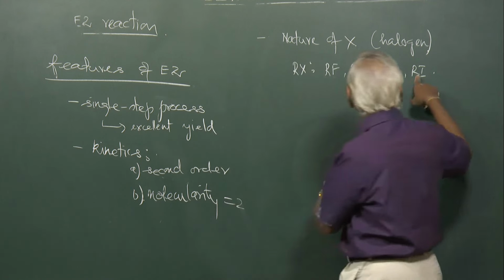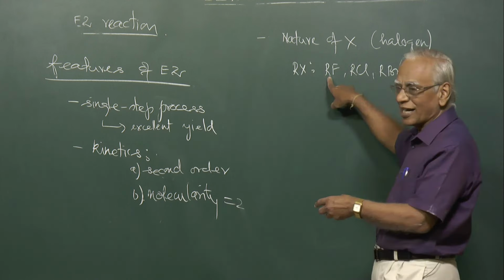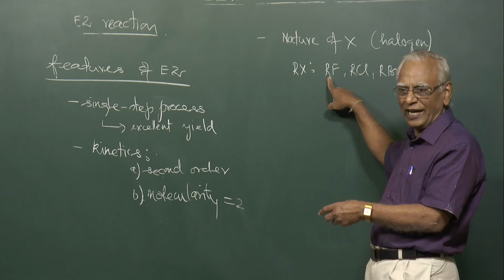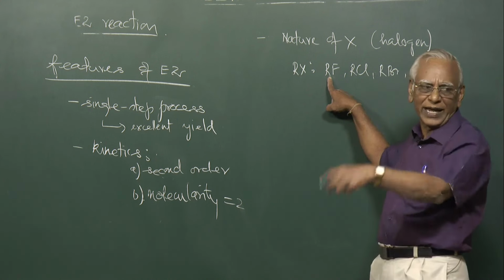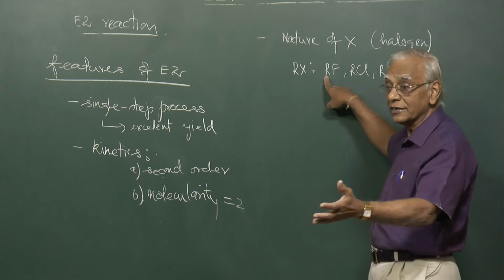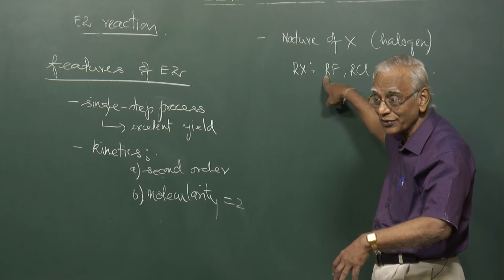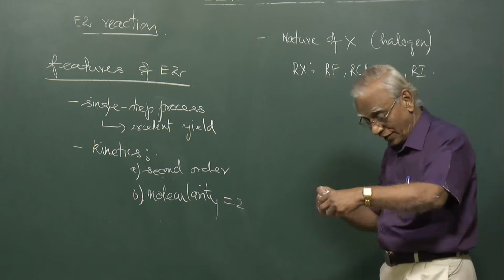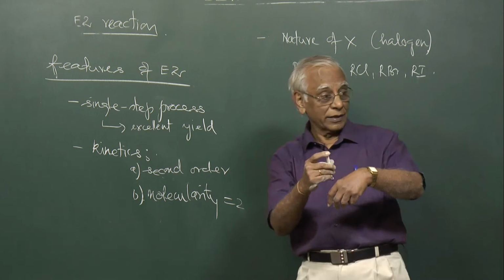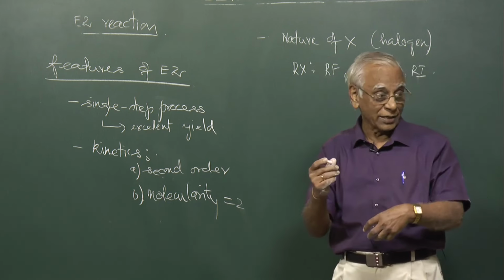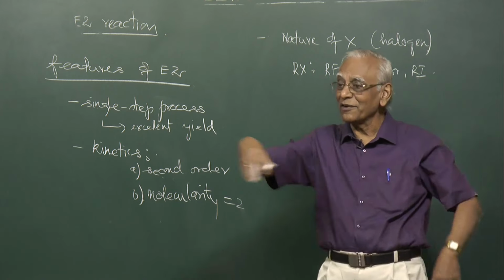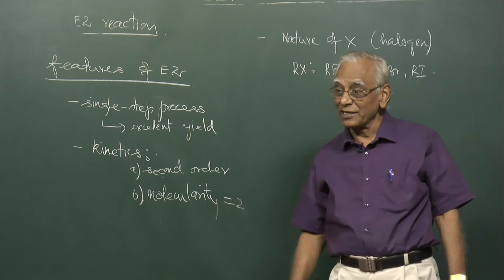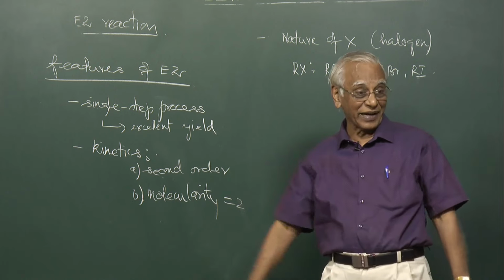So, the carbon iodine bond is the weakest bond, the carbon fluorine bond is the strongest bond, and it should take more energy to break this. And in fact, it is not E2 mechanism, I told you. If the leaving group becomes more tightly attached to the alpha carbon atom, then you have formation of carbanion. It is converted to E1cB mechanism.